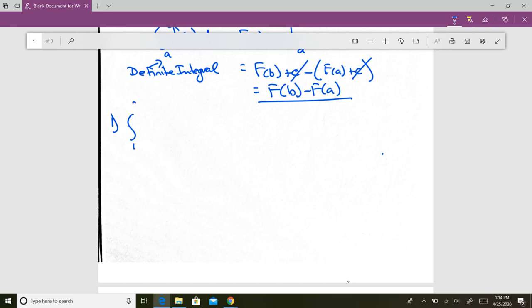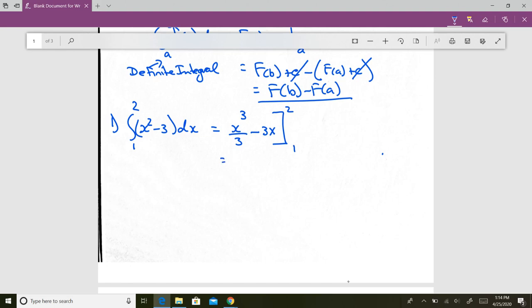So integral from 1 to 2 of x squared minus 3 dx. So first step, find the antiderivative. Well, that's going to be x cubed over 3 minus 3x. We're going to evaluate that from 1 to 2.